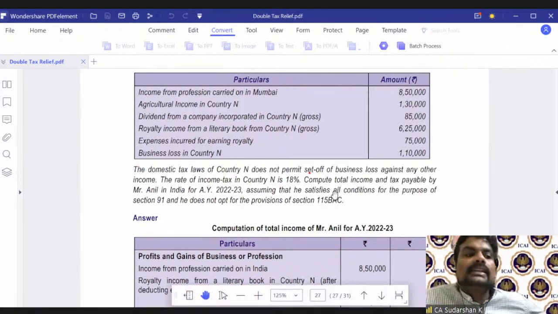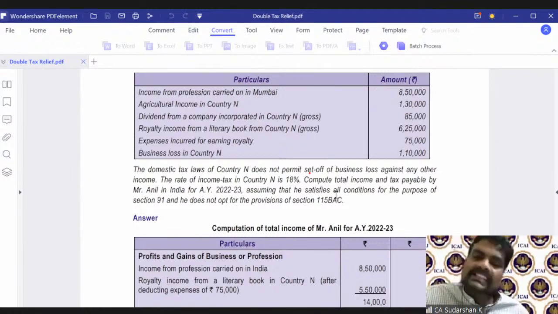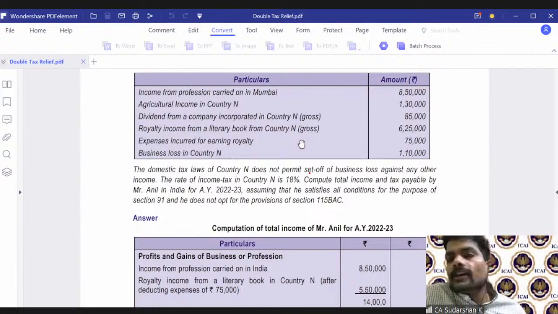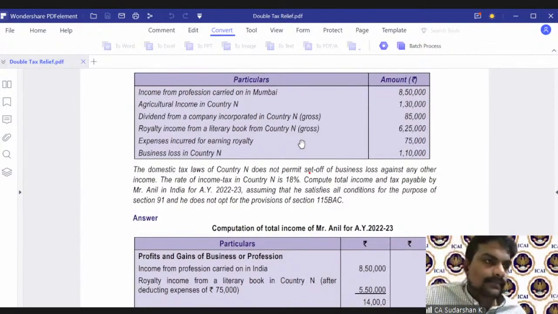Had the business loss been allowed to be set off against other income in country N, then that could not have been set off in India. That should have been ignored, because in the subsequent years they could have set it off with other incomes there, and you will only have the net income that is taxable in India. Net income that you make and then you bring it into India tax. But nevertheless, the question says that the domestic law of country N does not permit it. So therefore, you can set off this business loss in India.